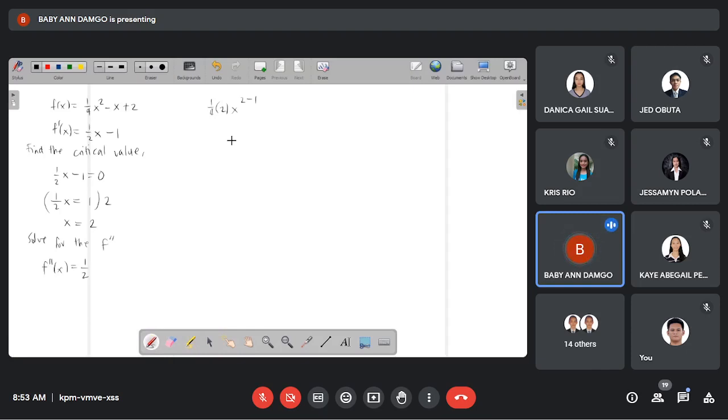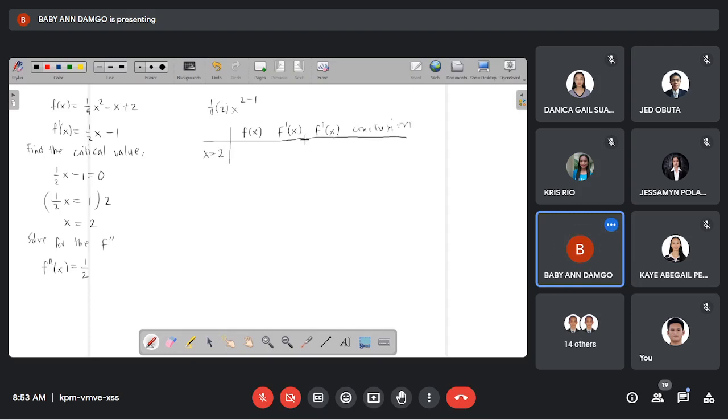Okay, so we can now plot. Okay, so when x is equal to 2, you have f of x, f prime of x, f double prime of x, and then the conclusion.